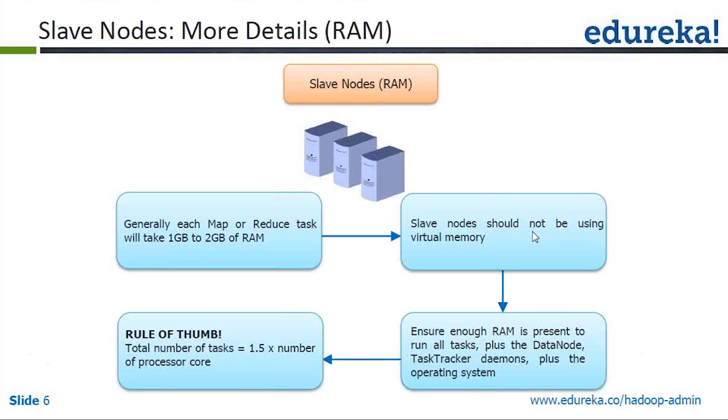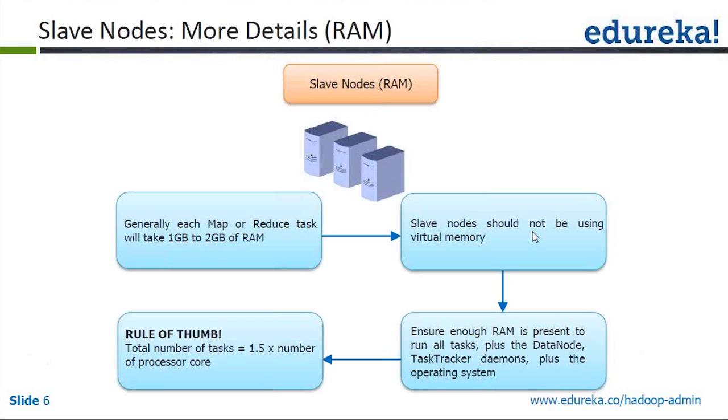Let's look into the memory concern of the slave nodes. Generally each MapReduce task will take around 1 to 2 GB of RAM, and slave nodes should not be working on virtual memory. Your page file should not be filled with the RAM or physical memory pages, because if that happens, it will kill the speed of your processing.